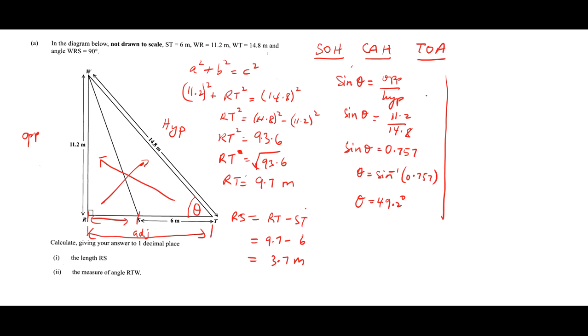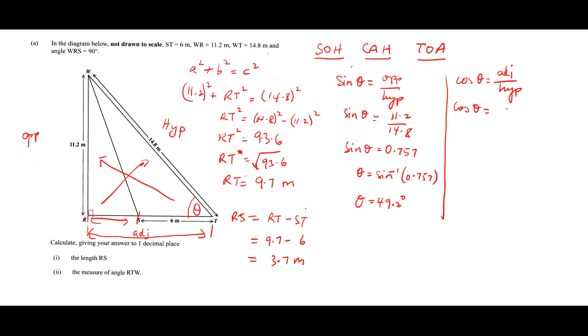Now remember, I said you can use any one of the trig ratios here because we have all the sides. So let's just try it with another one. Let's use cosine. So cos theta is, based on our acronym here, adjacent over hypotenuse, right? So cos theta, the adjacent length here is RT.